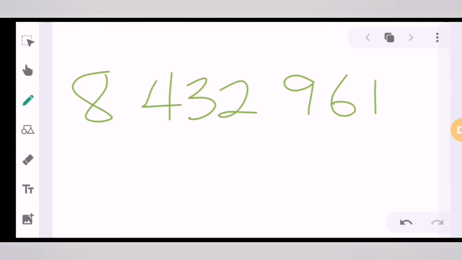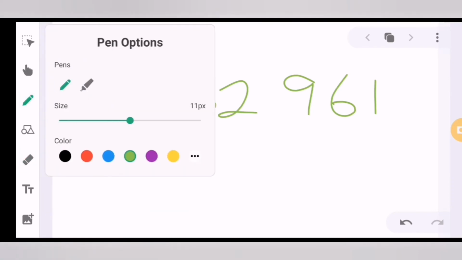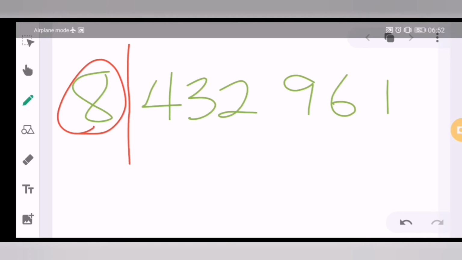So this is how you handle your place value chart. If you're able to notice your ones, tens, hundreds, thousand, 10,000, 100,000, and million, then the work becomes easier. As long as you are aware that the 8 is your million, then between the 8 and the number to its right, you put a line in between them.